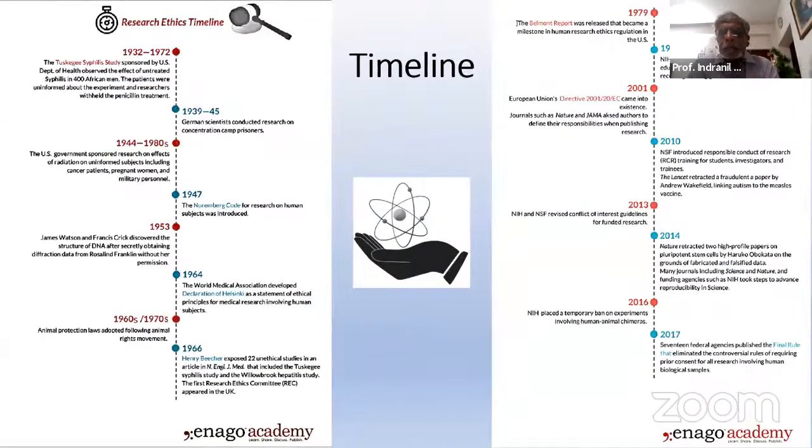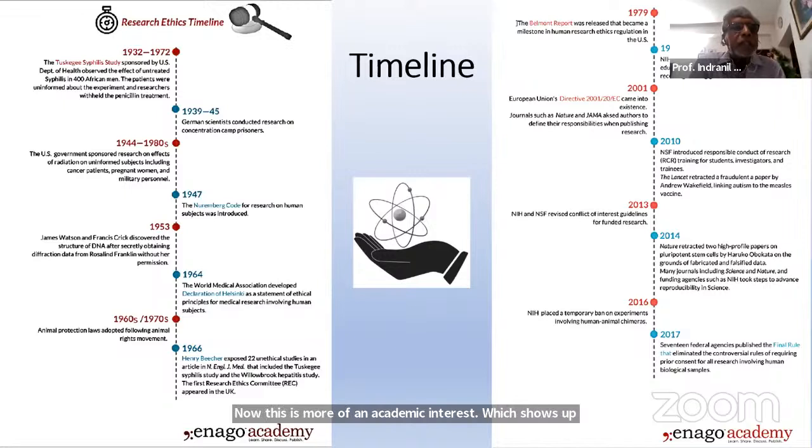Now, this is more of an academic interest, which shows a timeline in research ethics starting from the early 30s and continuing as far as 2016 or 2017. If you look at this long timeline, which we will share with you down the line, you can see one thing, that there has been a lot of continuous activity here.